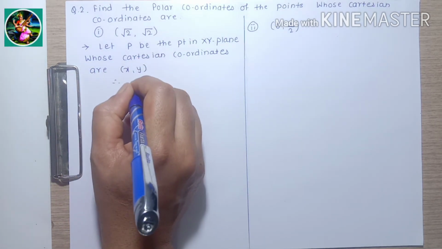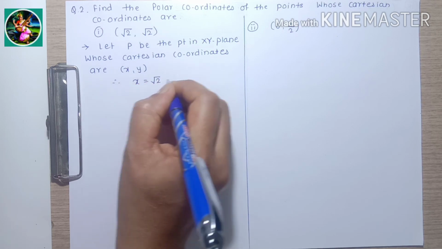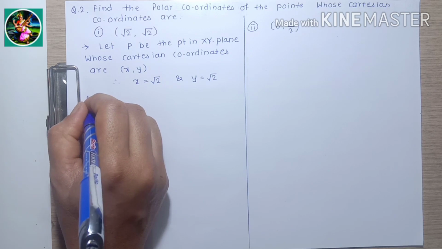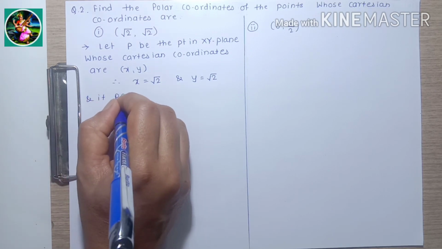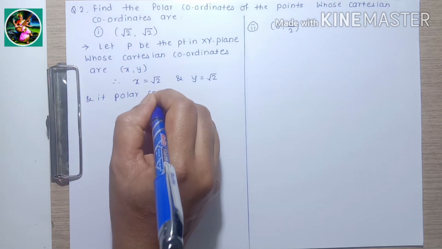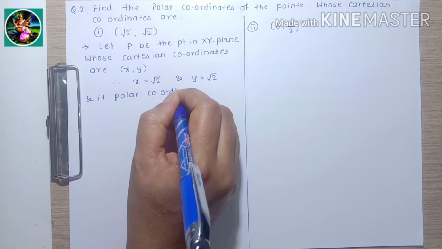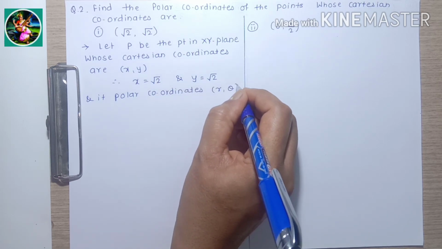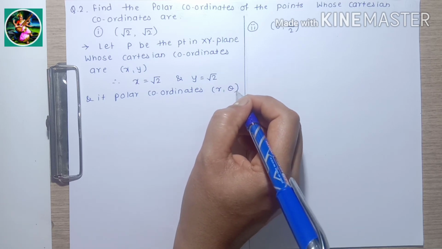Therefore here we get x is equal to root 2 and y is equal to root 2, and its polar coordinates are r comma theta. Now we have to find the value of r and theta.